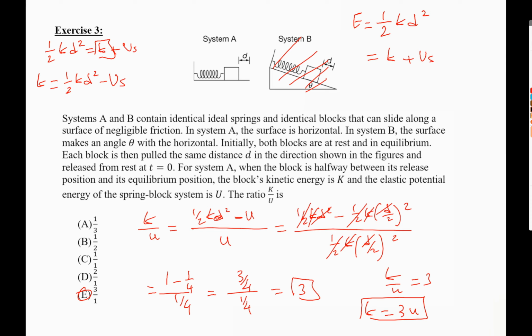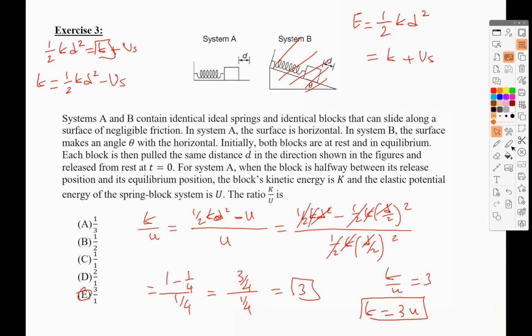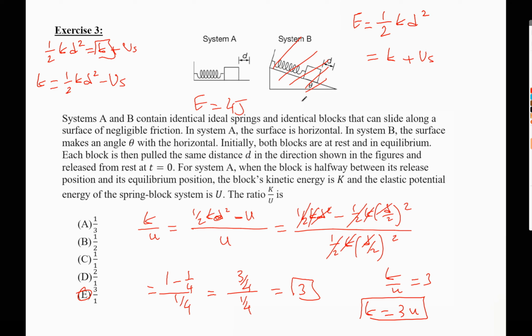We're talking about quadratic functions. Kinetic energy will have 3 times the elastic potential energy. And if the mechanical energy of the system E in total is 4 joules, then midway the kinetic energy would be 3 joules and the elastic potential energy would be 1 joule.